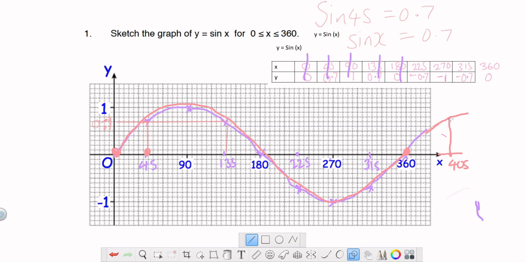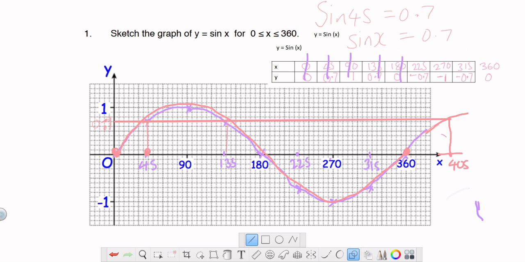Sine 405, extend it all the way, also gives you 0.7. Alright, let's just do one more.